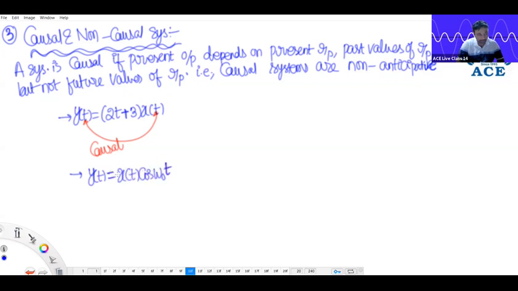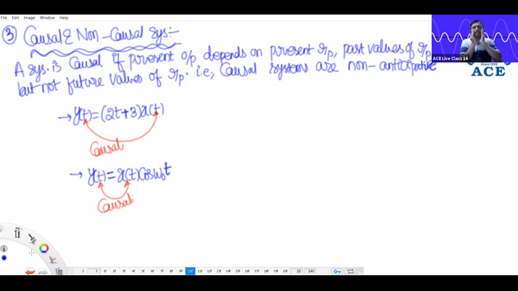In this system again, output time and input time are both the same, so it is causal.